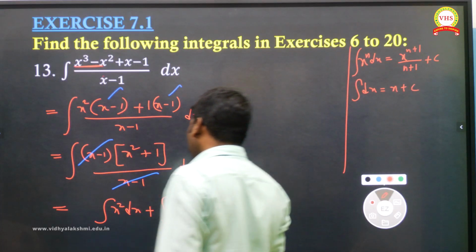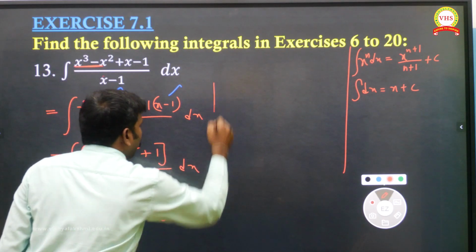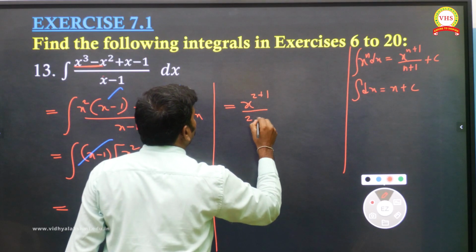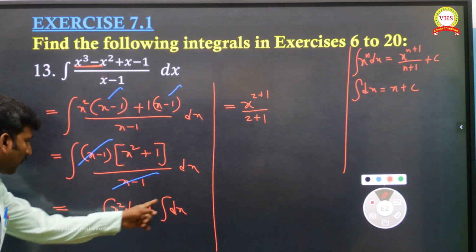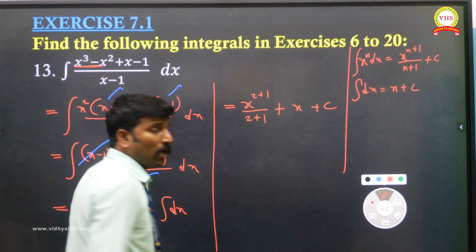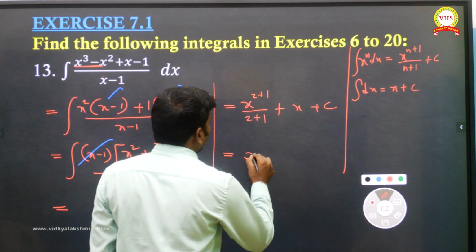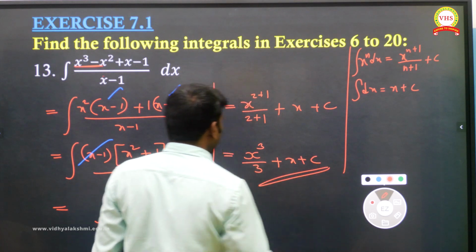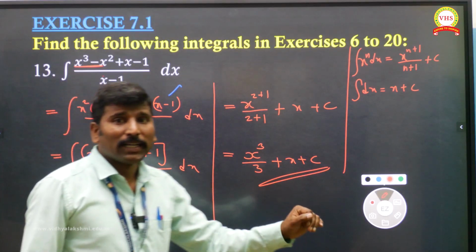So for x square, the integral is x power 2 plus 1 divided by 2 plus 1. In the same manner, integral dx is just x plus c overall. Now simplify. What I'm getting is x power 3 divided by 3 plus x plus c. That's it. Is that our required answer for the 13th one?